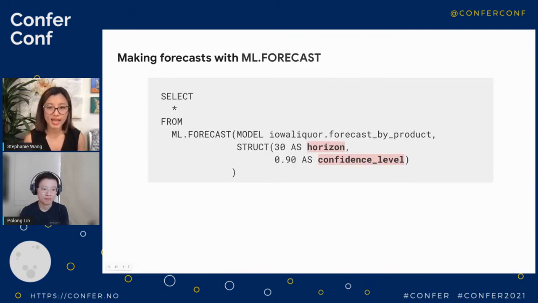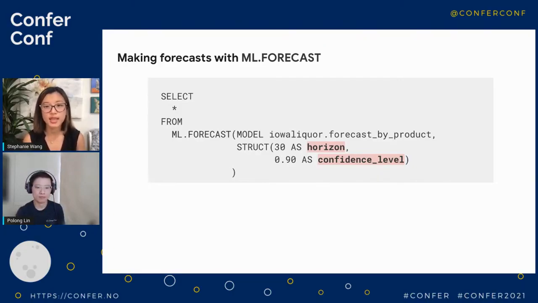To make this forecast and to see the results we saw earlier, we simply have to run this SQL statement with the ML.FORECAST function. We pass in 2 very important values, horizon and confidence level. I will go quickly into what each value means. The horizon, which is the number of time points to predict in the future, allows you to specify up to a maximum of 1,000 data points.